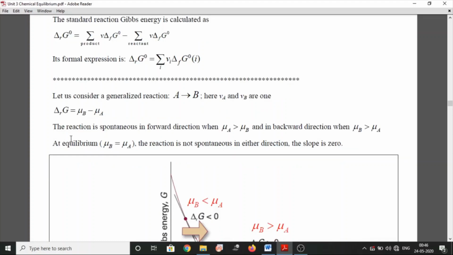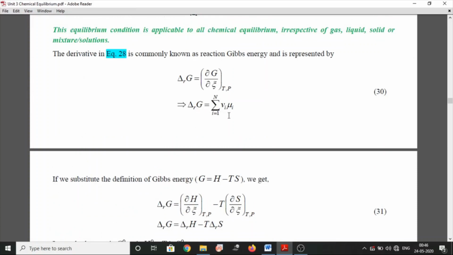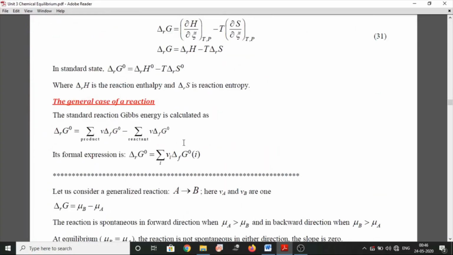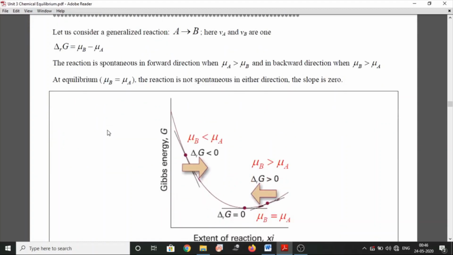So I can write, if the pressure and temperature are constant, according to this equation 30, that Δ_rG is equal to μ_B minus μ_A. What is μ_B? The chemical potential of product B. What is μ_A? The chemical potential of reactant A.